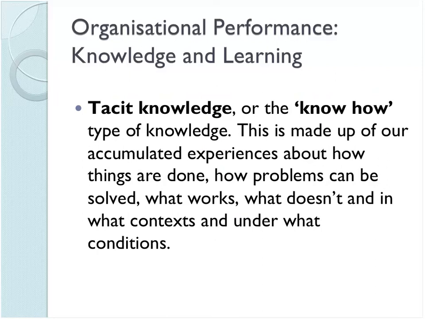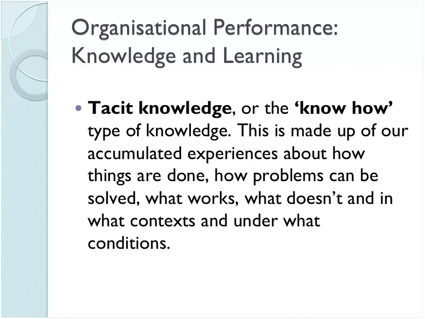So you have to remember that when we talk about knowledge in organizations, we have two kinds of knowledge. Explicit knowledge is knowing what it is, what kind of things. Tacit knowledge is knowing how things can be done, how things actually work. As an example, we have some problems in the organizations.